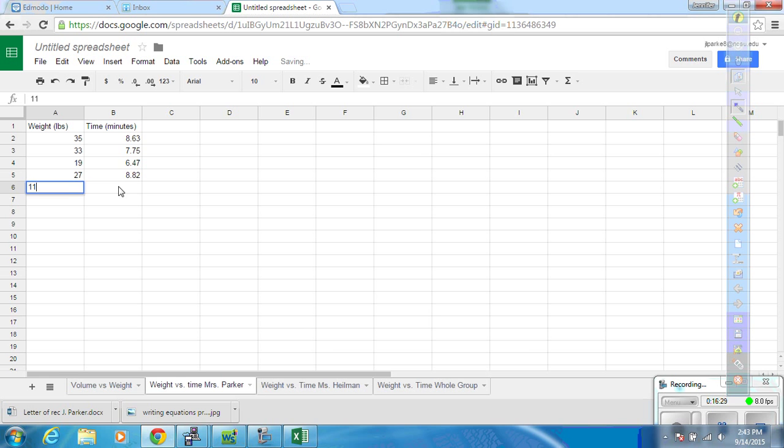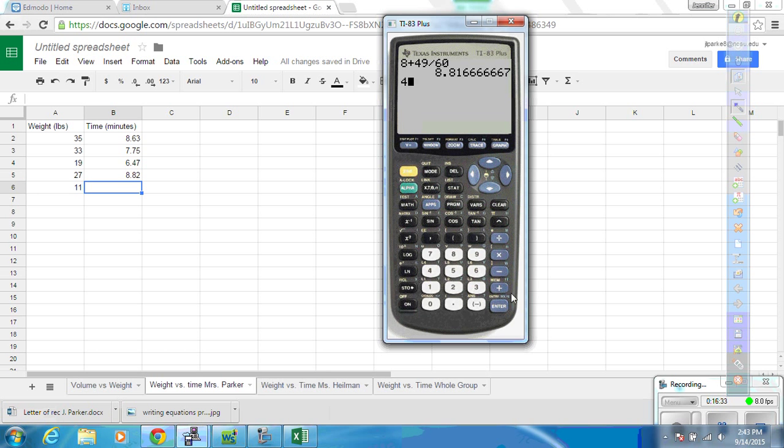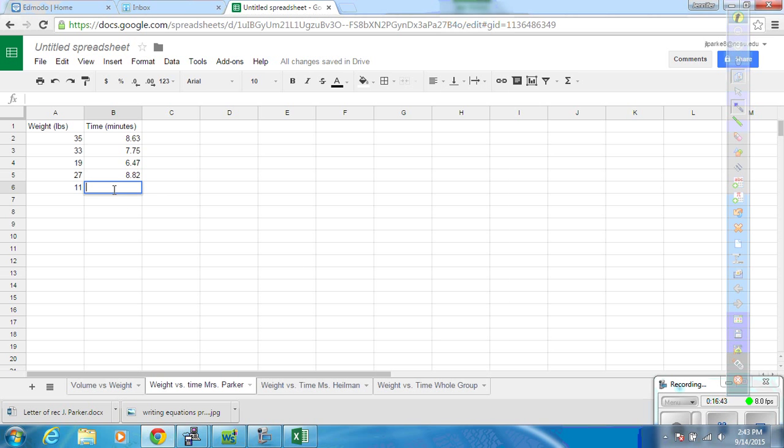And 11 pounds is 4 minutes 34 seconds. So 4 plus 34 divided by 60 is 4.57. There we go. So those would be all of my data points. Now don't forget, when you are doing your whole group, you're basically taking all of my data points and all of my team members' data points, and then we're putting it into one long list of data points.